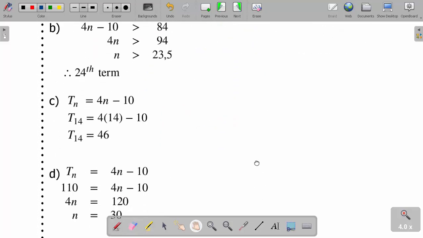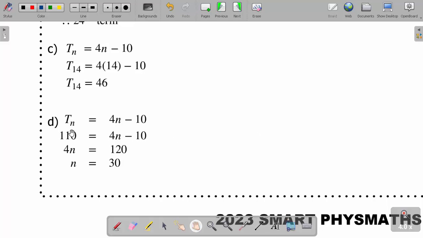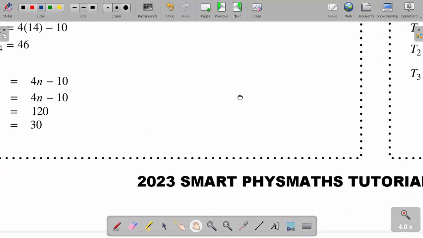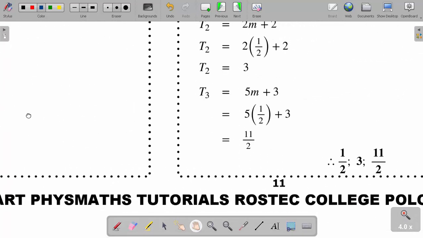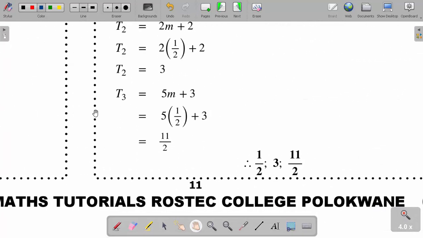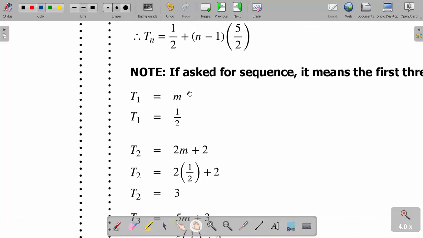So 110 equals 4n minus 10. The minus 10 becomes positive, which gives me 120. 120 divided by 4 gives me 30. So there are 30 terms in this sequence. Okay, let us proceed. Hope we are still together.